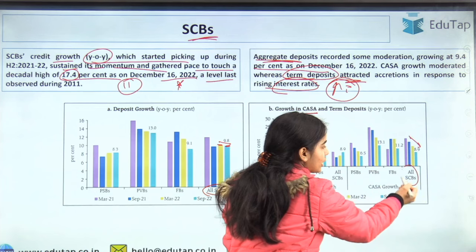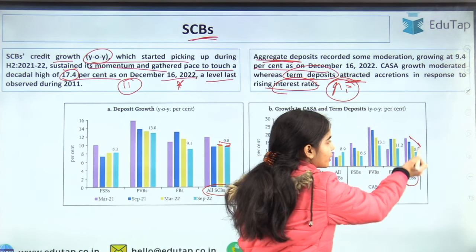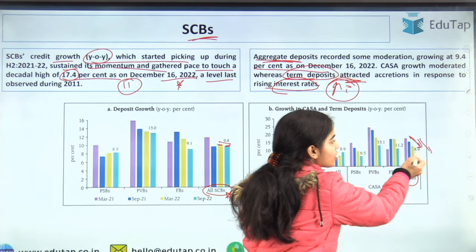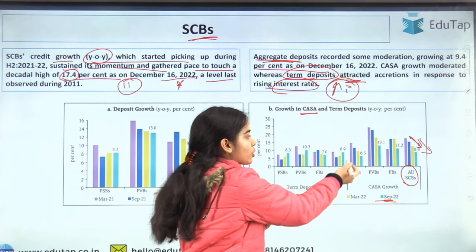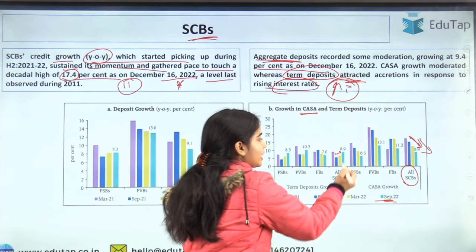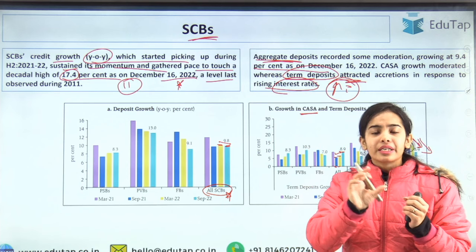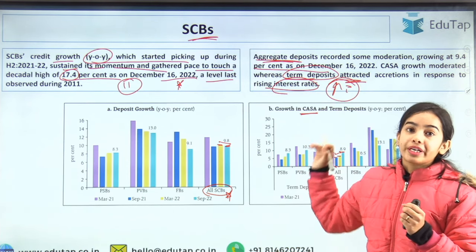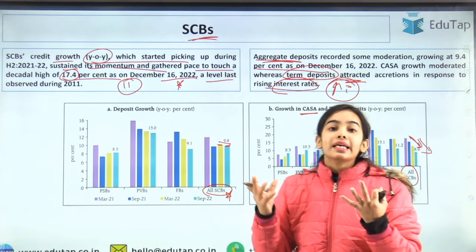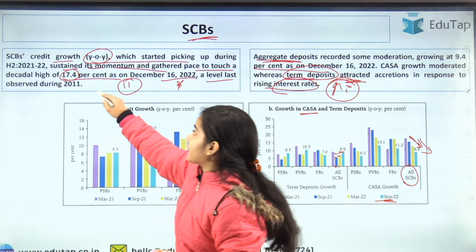For all SCBs, you can see September 2022 it was declining, and it has further declined, while the term deposits are increasing. So remember that the current account and savings account deposit growth is moderating, decreasing a little, while the term deposits are increasing. And this data you have to remember.